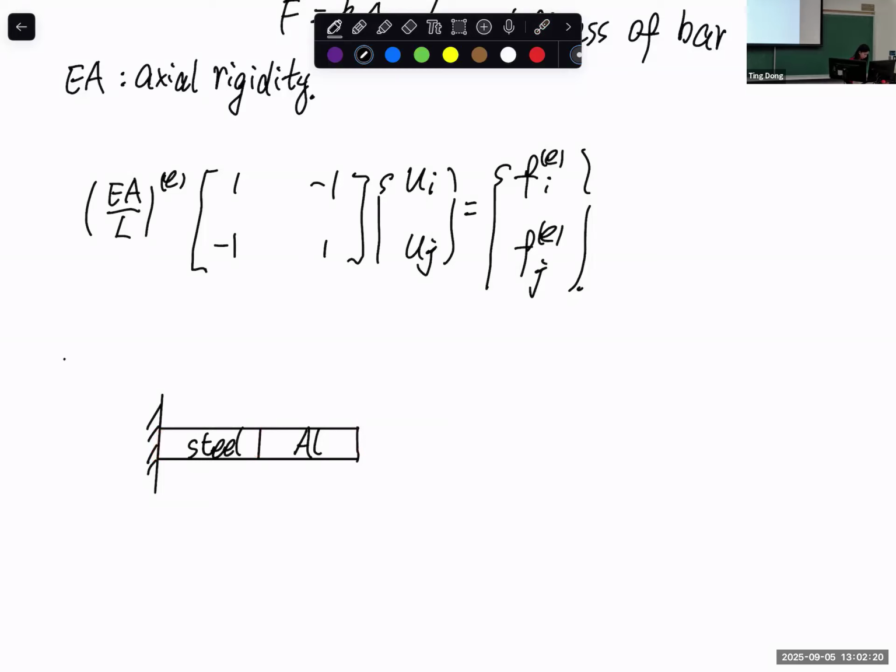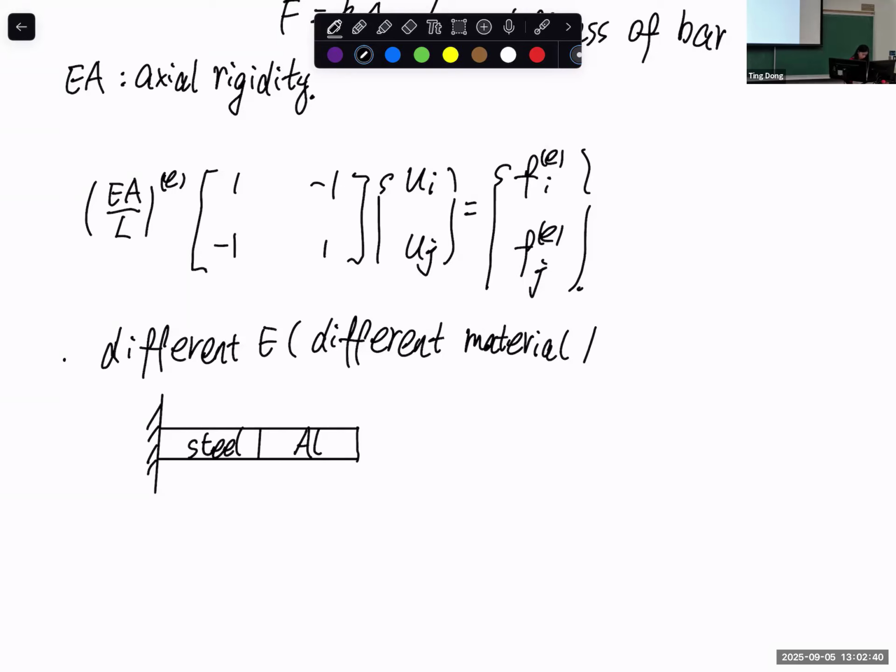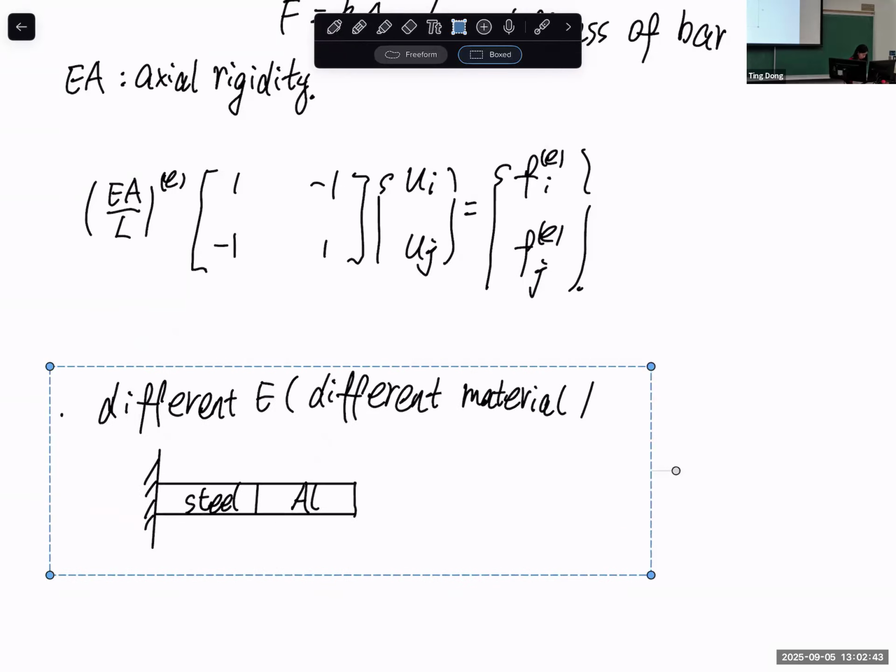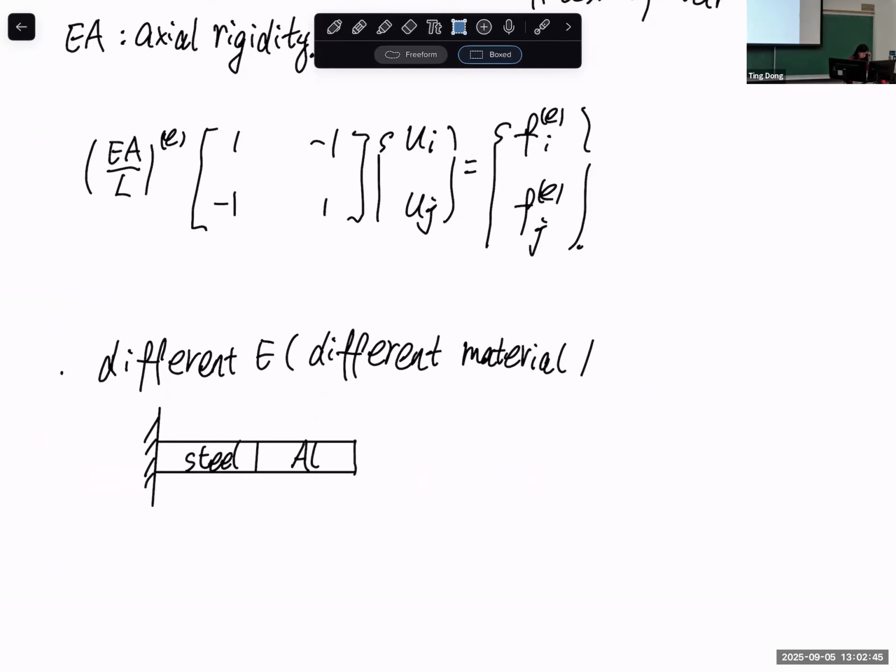So when you have different Young's modulus or different material, we need to discretize into different elements. A bar can be discretized into a number of elements.